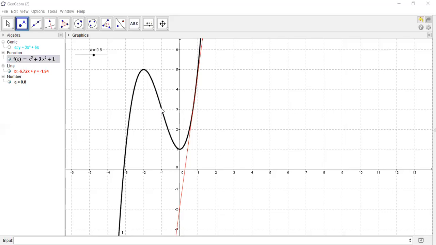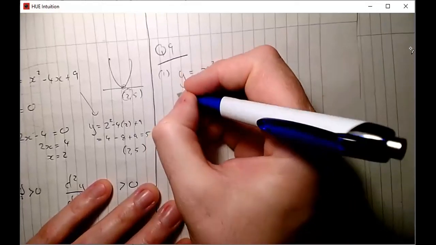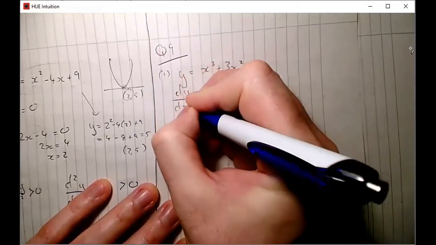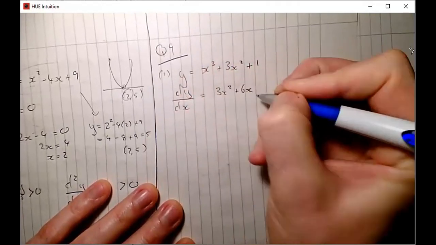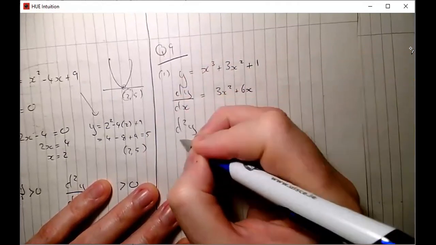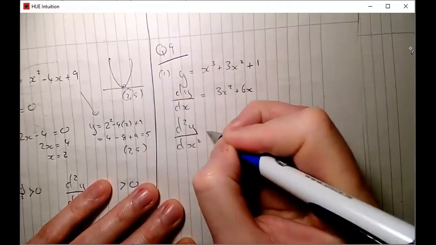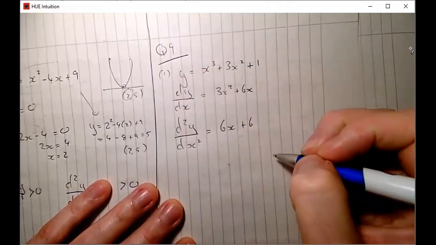Okay, so this point here, minus 1, 3, how do we find that mathematically? Well, what we're saying is we need d2y/dx squared equals 0. So what's dy/dx first? That's going to be 3x squared plus 6x. That's our slope function, if you remember me using that phrase. The second derivative, d2y/dx squared, is going to be 6x plus 6. And we need that to equal 0.